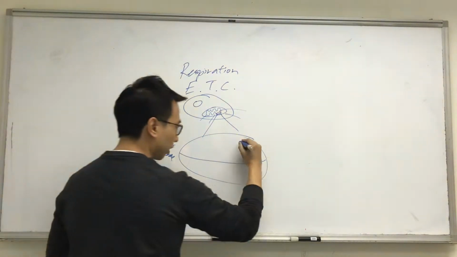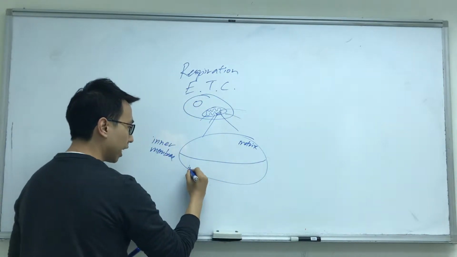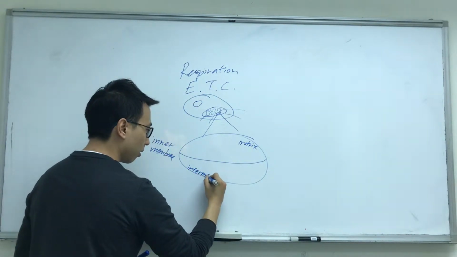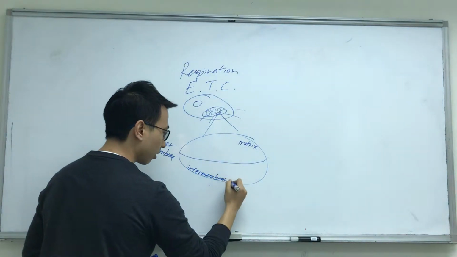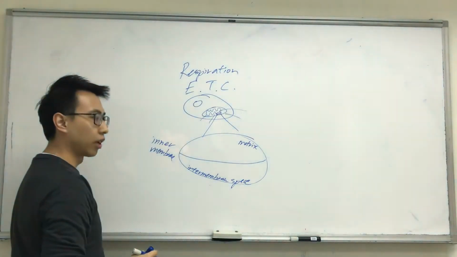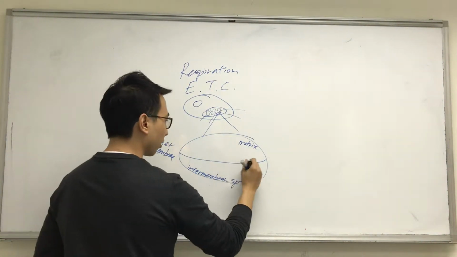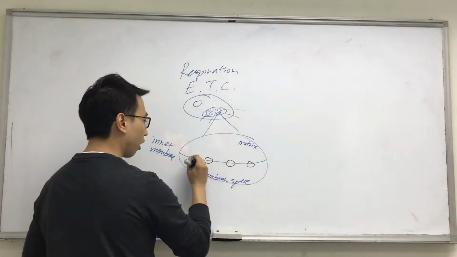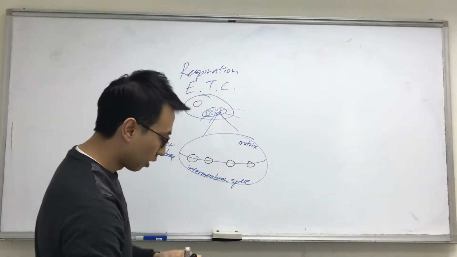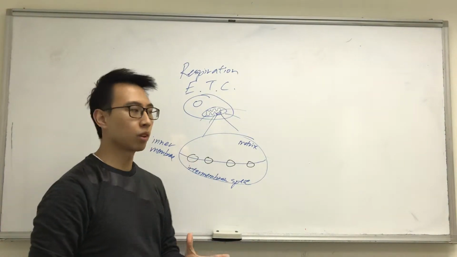The top bit is the matrix, and this bit is the intermembrane space. Now over here, I will draw a series of circles. Each one is an electron carrier.